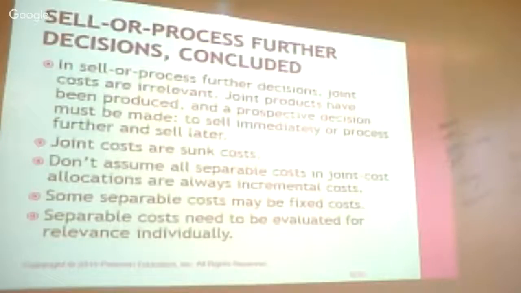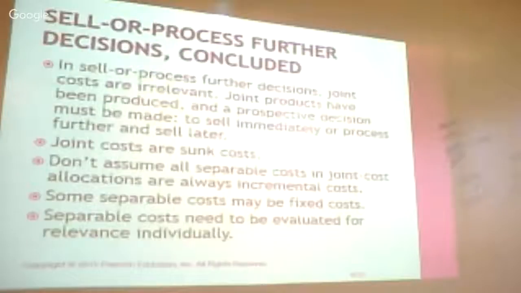It means no matter what we choose, whether to sell at the split off point or process further, we're still going to have those costs, right? So in our analysis of whether we should process further, those joint costs are going to be incurred no matter what we decide to do. So who cares about it, right? We don't care about the joint costs because we're going to be incurring those costs no matter what, okay?